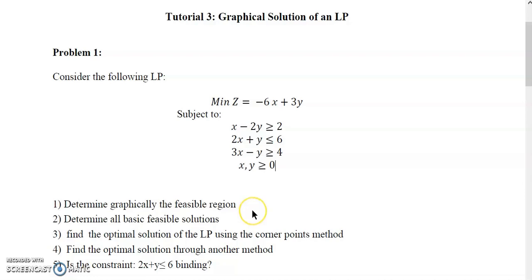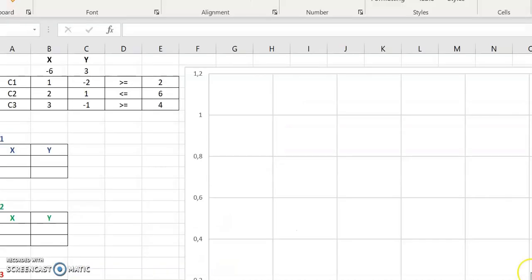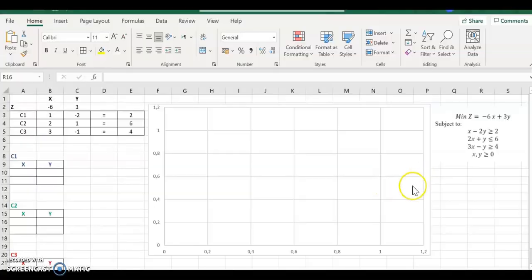Now I would have preferred to show you how to do this manually, but it's unfortunately not possible. So we're going to be using Excel. To represent the feasible region, we first need to draw the lines representing each of our constraints.